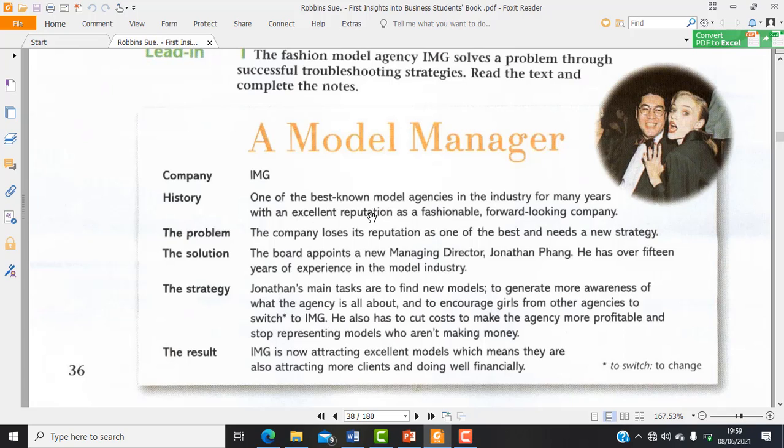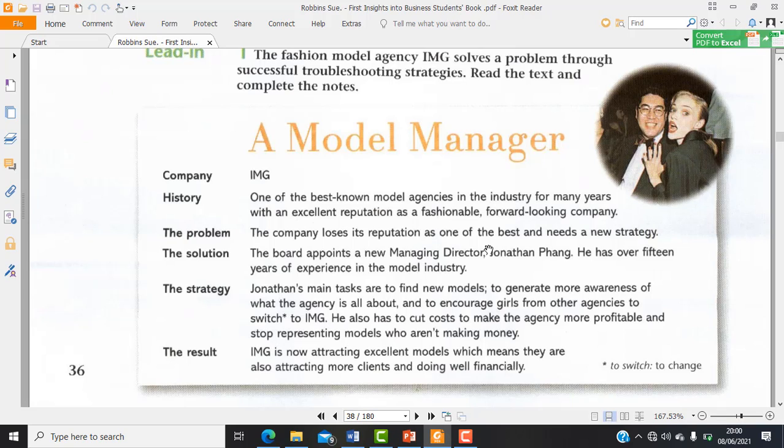So in the past, these model agencies are really popular. It had also good reputation, right? But today, the company loses its reputation as one of the best and needs a new strategy. Jadi dulu itu IMG itu sebagai agensi model yang berpengalaman, kemudian dia juga punya reputasi yang sangat bagus, okay? Tapi permasalahan muncul.